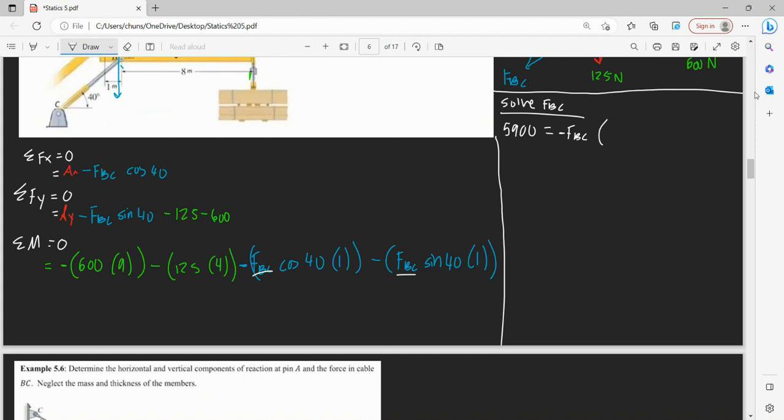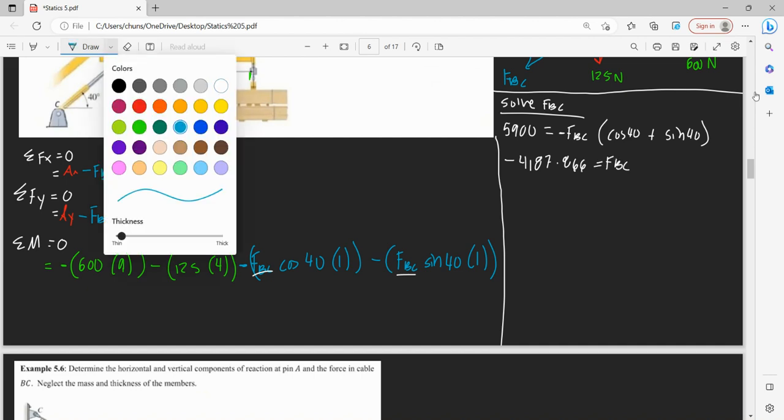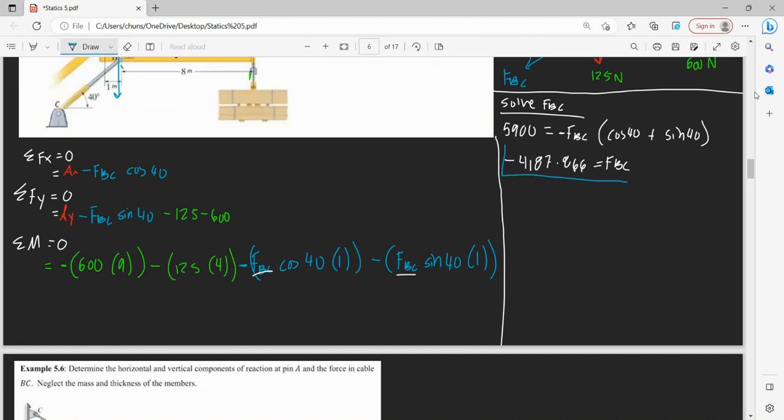I'm going to factor this out: cos 40 times 1 just makes it the same, plus sine 40. And if we move this around, that gives 5,900 divided by cos 40 plus sine 40. And we move that negative sign over, so this is negative 4,187.866 equals FBC. So the direction that we assumed is false.